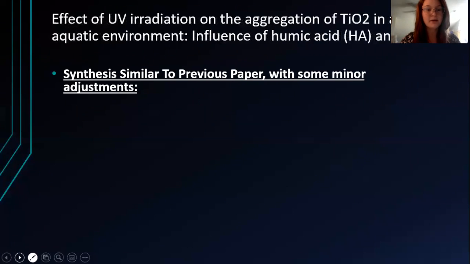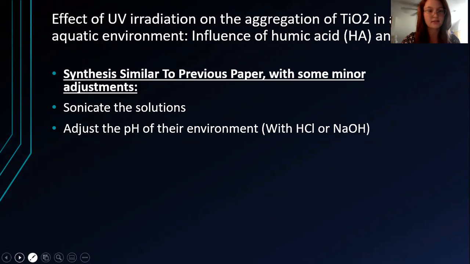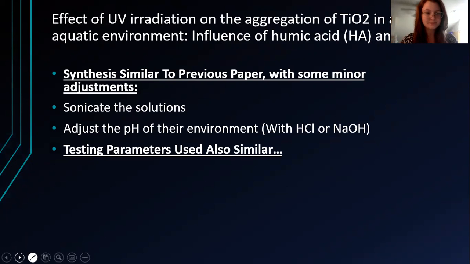To understand the paper, they synthesize it similarly to the previous paper in that they create this binary system by mixing and stirring. But they also sonicate the solutions using a UV light to simulate the sun's effects. They also adjust the pH of the environment, so they make manipulations to the chemical composition of the aqueous system.